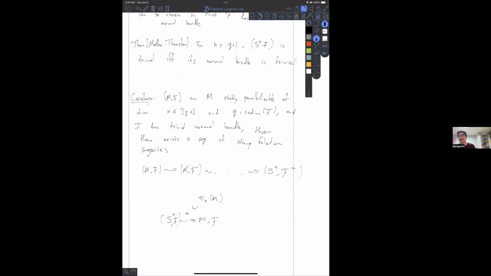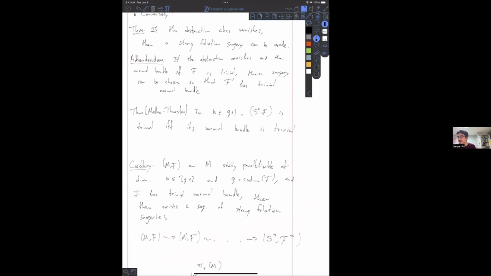So your foliation surgery obstruction vanishes. So you can do the foliation surgery, and furthermore, you can do it in a way that preserves having trivial normal bundle, and so you can do it again. You can inductively go all the way to the sphere. That's the idea.